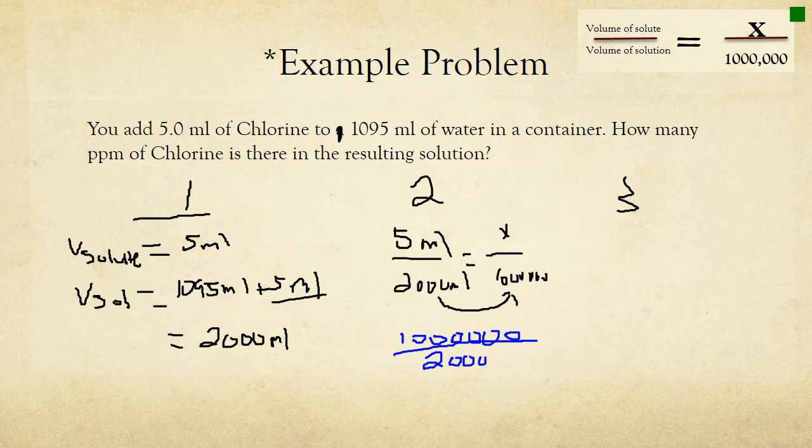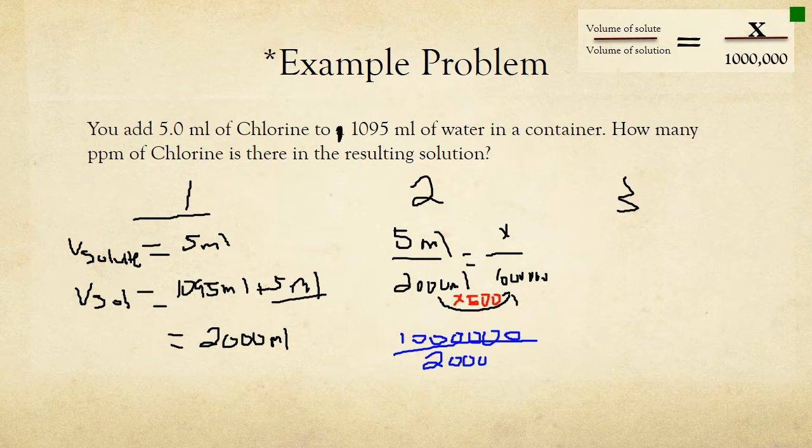So to go from 2,000 to 1,000,000, the factor is 500.